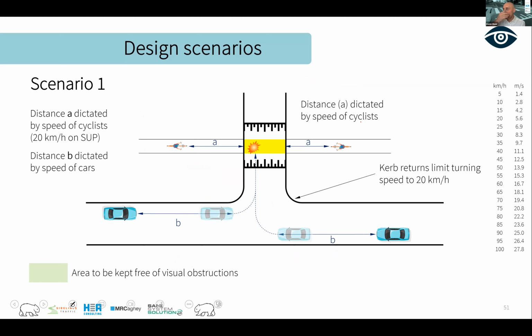So what we do to work out these sight envelopes or sight triangles, I've got three scenarios for you. Now, this first scenario here is where we have a main road and we have a cycle facility or a shared path facility running parallel with it. And this can happen quite a lot because you get a bit of road reserve and you want to build these facilities. So what you're looking to do is ensure that that vehicle can see a cyclist going along this way, back here, can see the conflict point, can see the cyclist coming from the other direction.